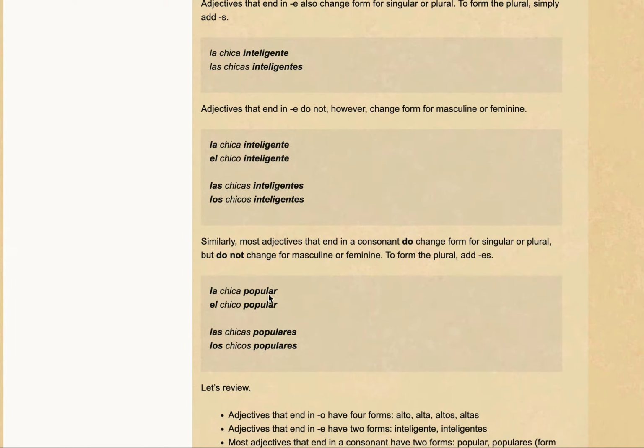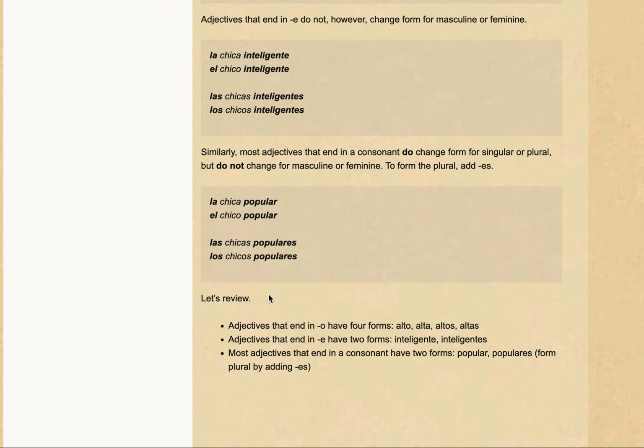All right, so the next point here is, similarly, most adjectives that end in a consonant do change form for singular or plural. So, ending in a consonant. We talked about adjectives ending with "o" and adjectives ending with "e", which are all vowels, right? Now we're talking about adjectives that end with a consonant, which are obviously not vowels, they're not a, e, i, o, u.